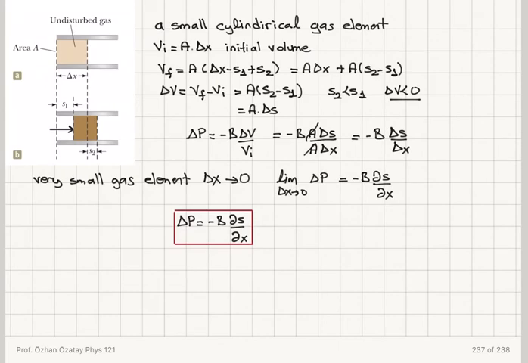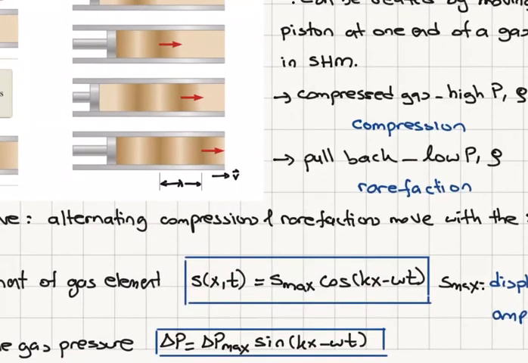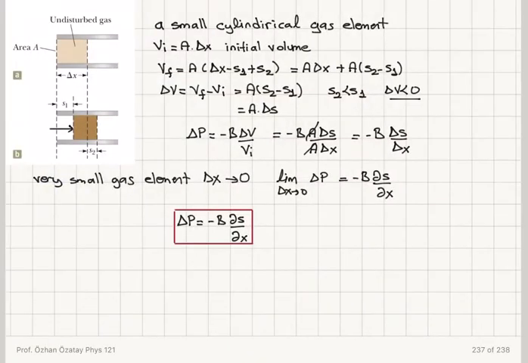Now remember, in the description of this gas I had S of x,t is S max cosine kx minus omega t. So I write the wave function S max cosine kx minus omega t. Now I have to take a derivative with respect to x.